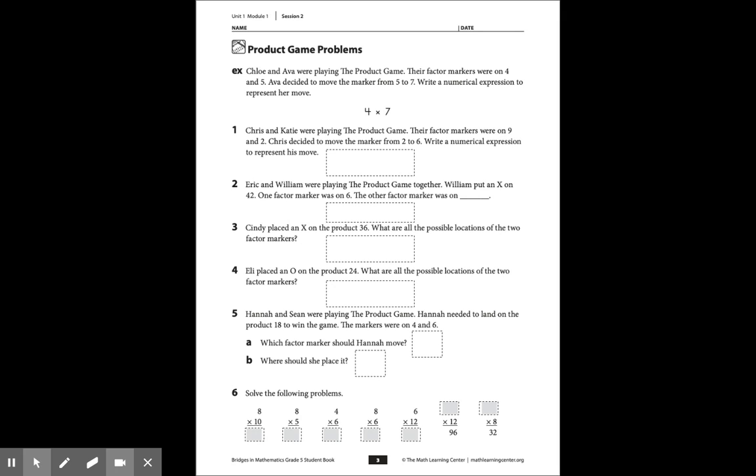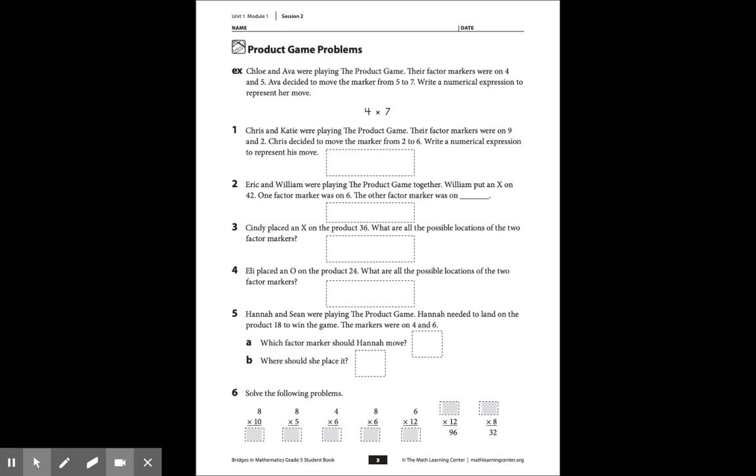Cindy placed an X on the product 36. What are all possible locations of the 2 factor markers? Eli placed a 0 on the product 24. What are all the possible locations of the 2 factor markers? In other words, what factors multiply together to give you 24?